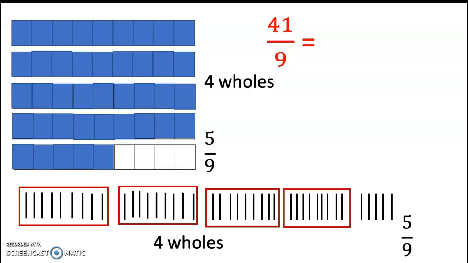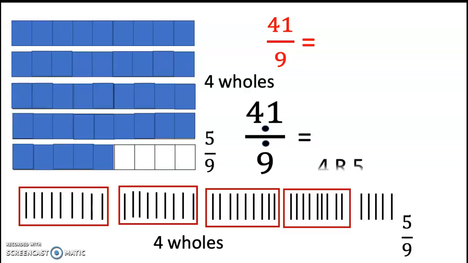Now an even shorter and simpler way is to just divide and use your multiplication facts that you already know. I can think of 41/9 as 41 divided by 9. If I use my 9 times tables, the closest I could get to 41 is 36.